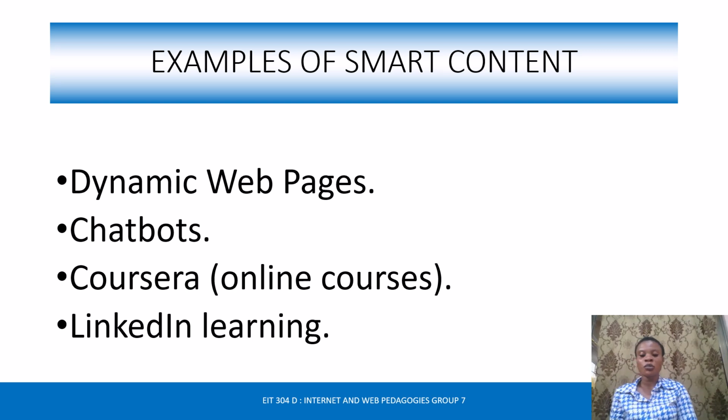The chat box is a software program or interface designed to mimic or imitate human conversation, typically through text or speech. And then we have Coursera online courses. With the Coursera online courses, it's like an online course that each and every one of us can have access to, no matter your geographical area. And then we have LinkedIn Learning also.